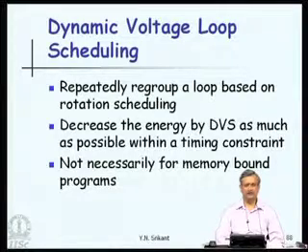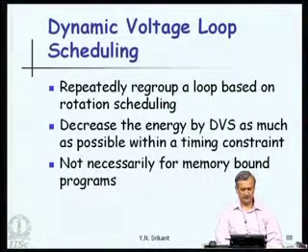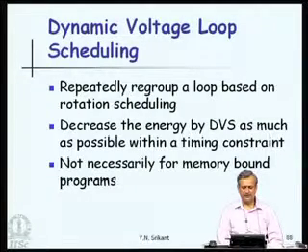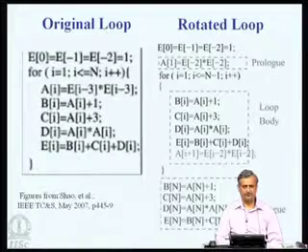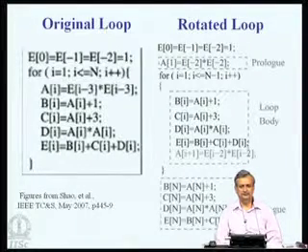I will give you an example to show what rotation scheduling is very soon. Decrease the energy by dynamic voltage scaling as much as possible within the timing constraint, and this is not necessarily for a memory bound program. So, let us see what exactly is rotation of a loop.